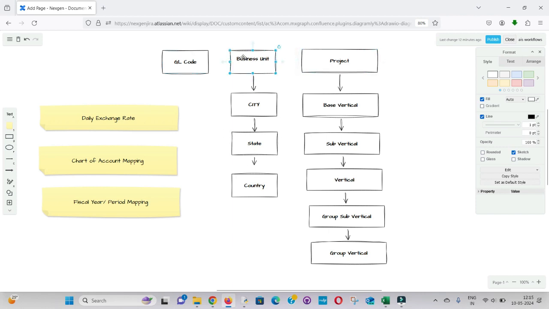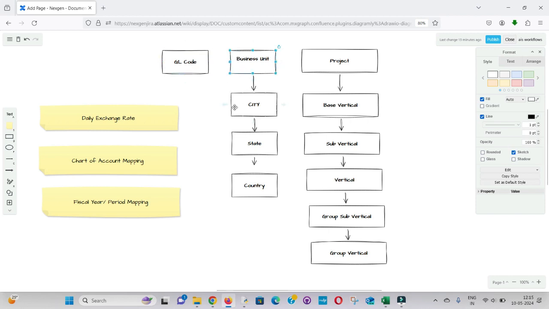Business unit is the place where your business is physically located. Say, for example, in Bangalore you have 2 offices in Electronic City and 1 office in Whitefield. While accounting the transaction, you not only enter the GL code, you select which location the transaction belongs to.